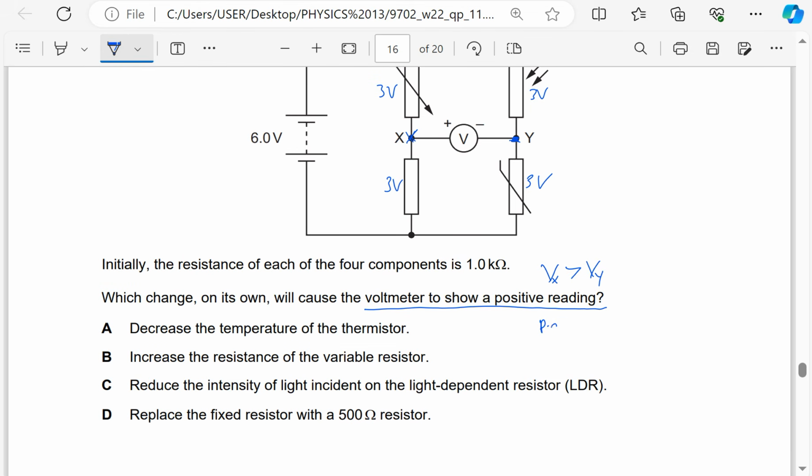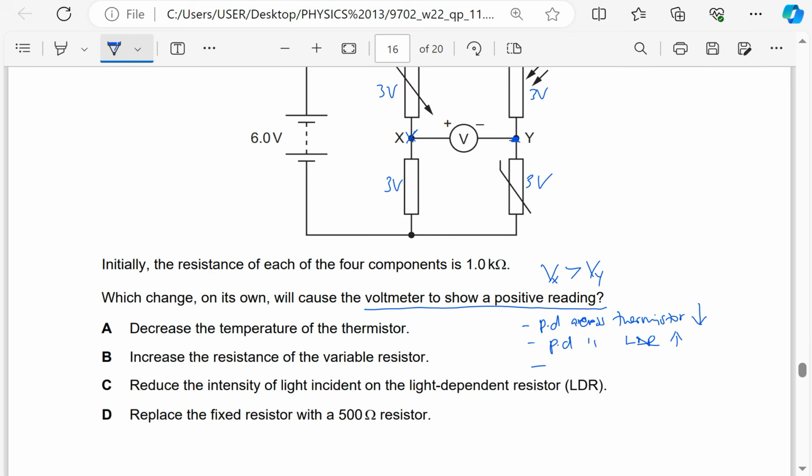So PD across the thermistor should decrease. And if the PD across the thermistor decreases, it means the PD across the LDR should increase. And how does the PD across the LDR increase?